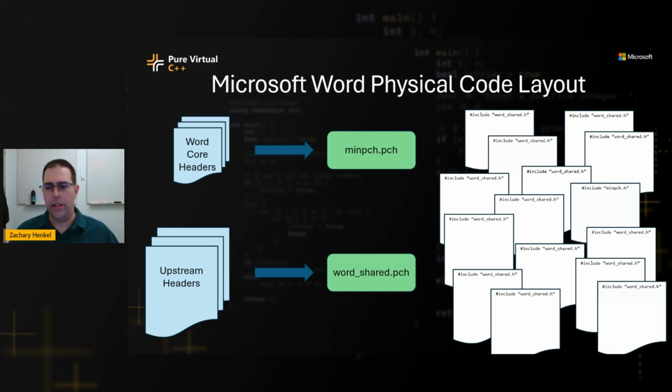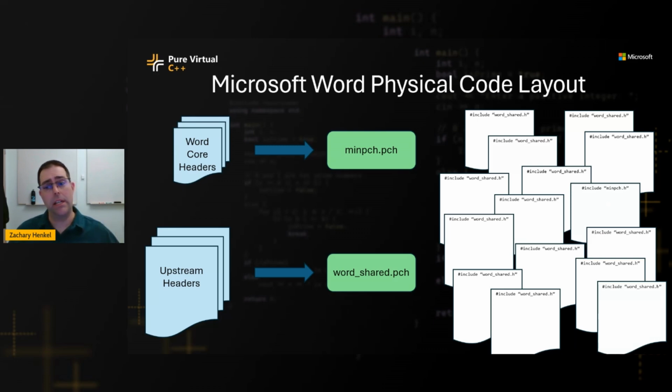Those Office headers that are included in here are limited to very low-level things, some common data structures, platform code, nothing customer-facing. If you count all the transitive includes inside of MinPCH, it's only about 250 files. It's also not particularly widely used inside of Word. Only about 2% of the files choose this as their PCH.